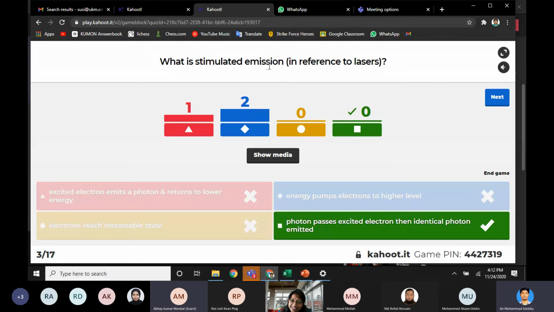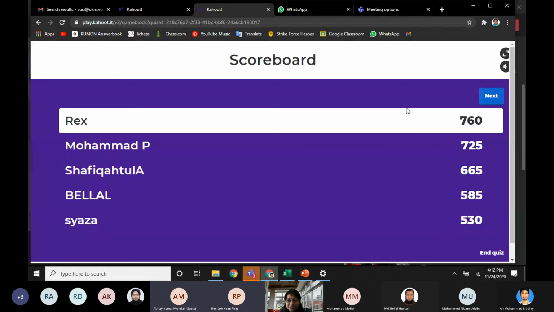What is stimulated emission? The photon passes an excited electron, then an identical photon is emitted. So let's see who managed to answer. I'm in 11th position. I didn't manage to answer.